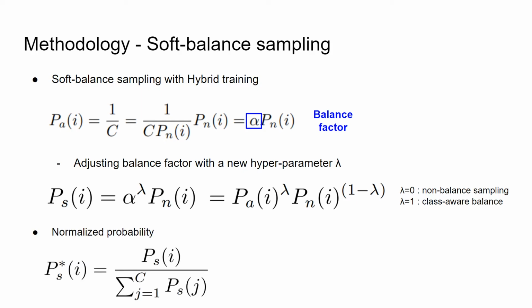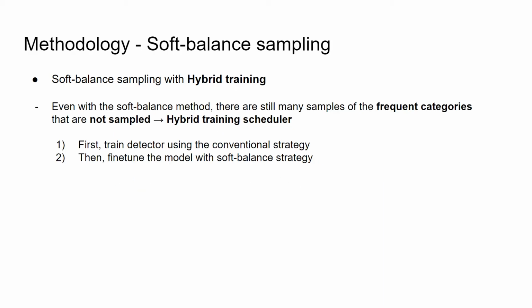So this is the result of the normalized probability. However, even with the soft-balance method, there are still many samples of the frequent categories that are not sampled. So the authors introduced the concept of a hybrid training scheduler. First, train the detector using the conventional method, and then fine-tune the model with the soft-balance strategy.